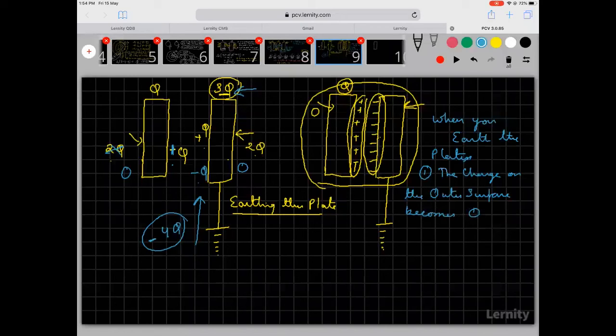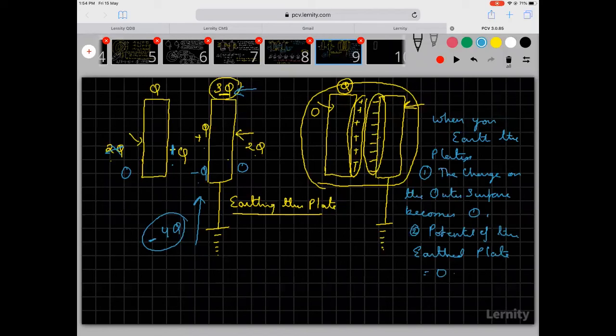Okay, charge on the outer surface becomes 0. Then the potential of the earthed plate is equal to 0. I hope you have understood this. Next.